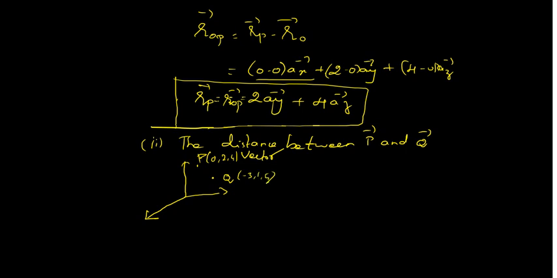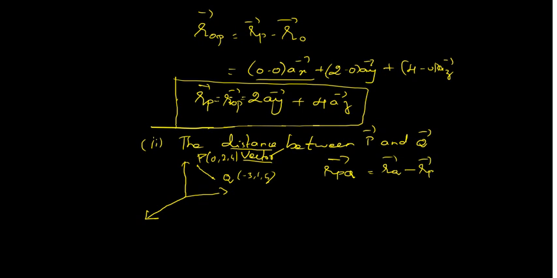So the distance vector between P and Q. Okay, right. So here RPQ is given by Rq vector minus Rp vector.